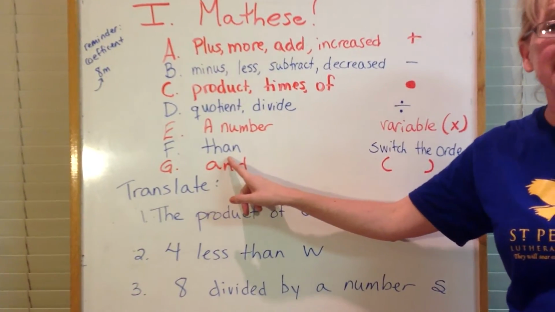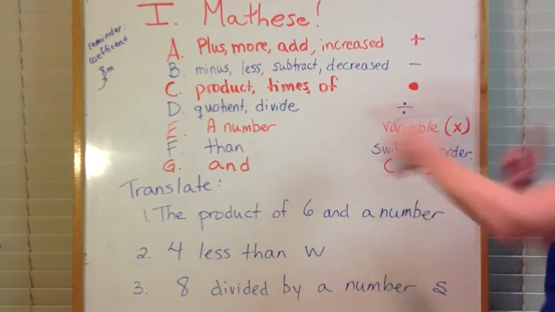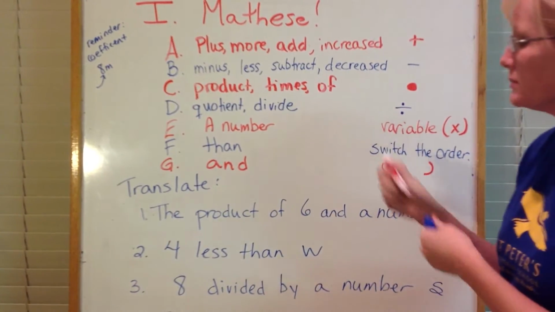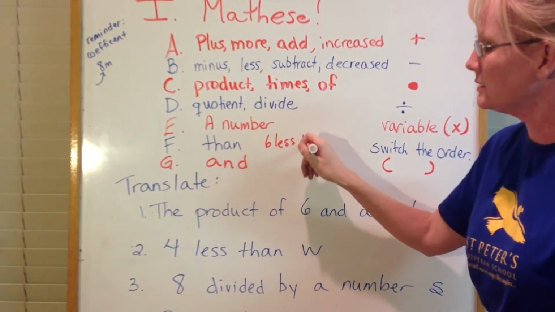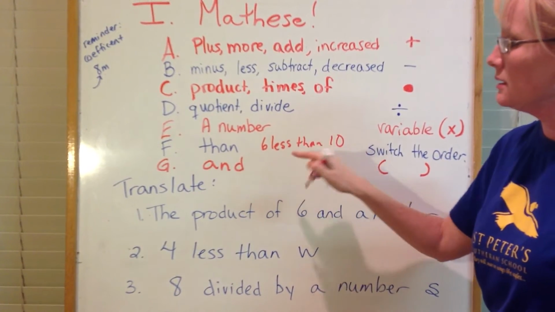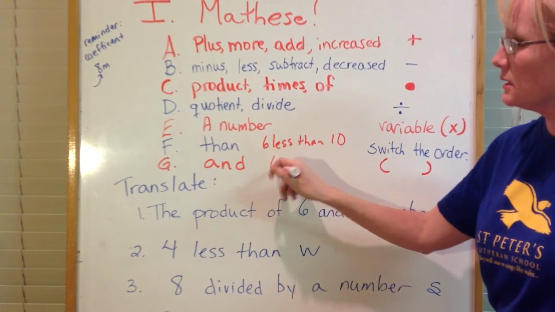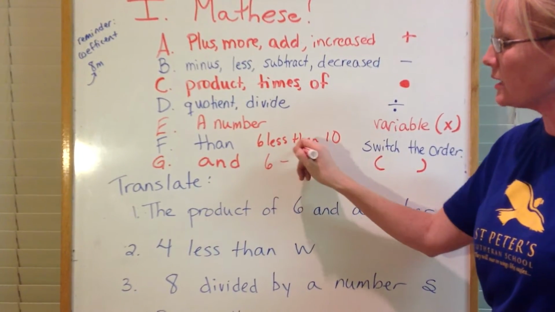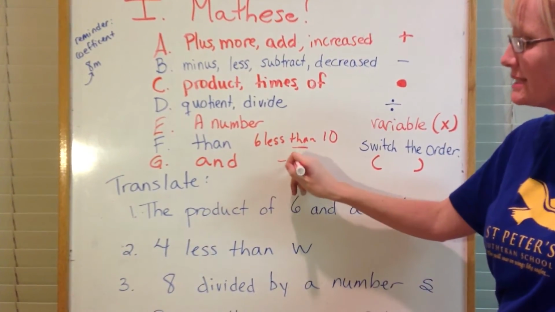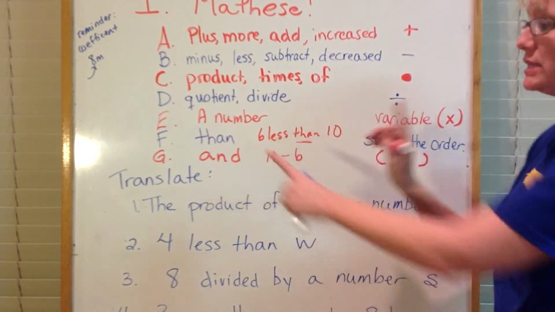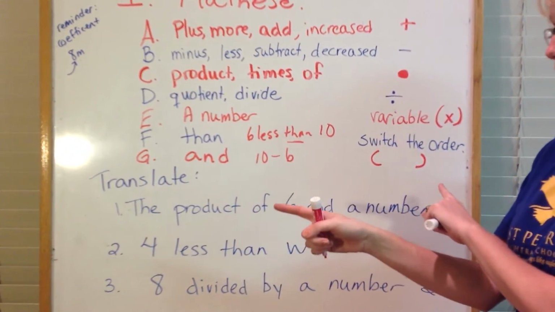Than. When you see than in a math problem, that means switch the order. So if the math problem said 6 less than 10, it means 6, less means minus. Oh, than. Oh, switch the order. Don't put the 6 in front. You're going to put the 6 in back and the 10 in front. We switch the order.